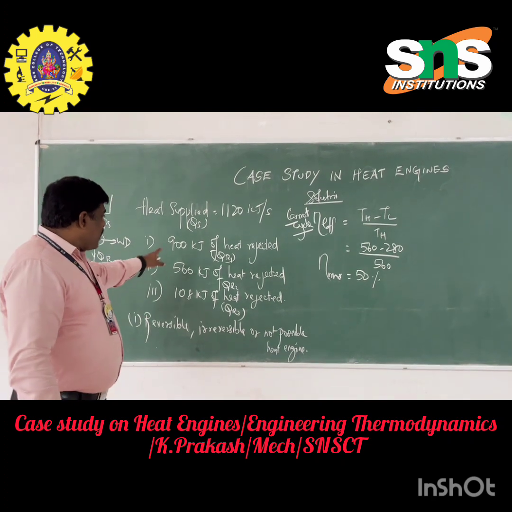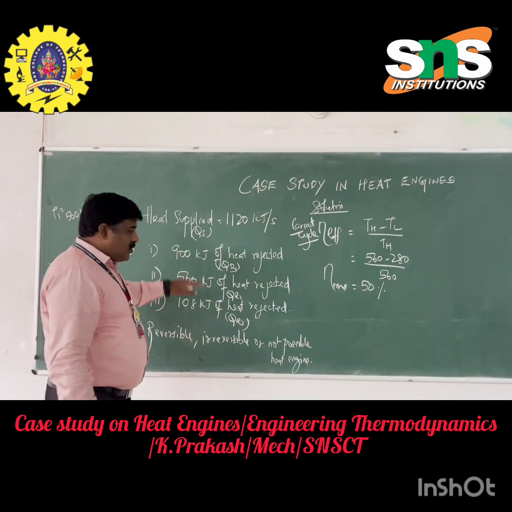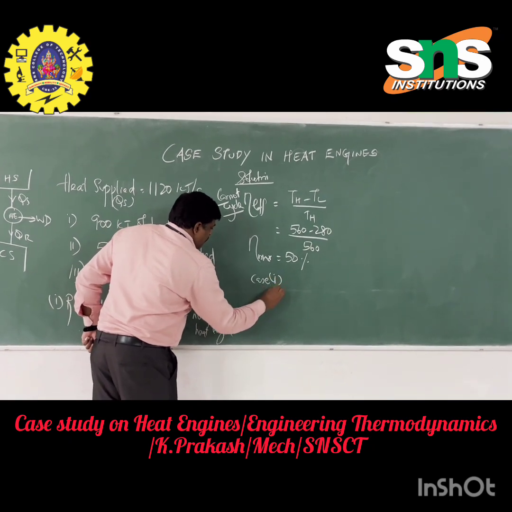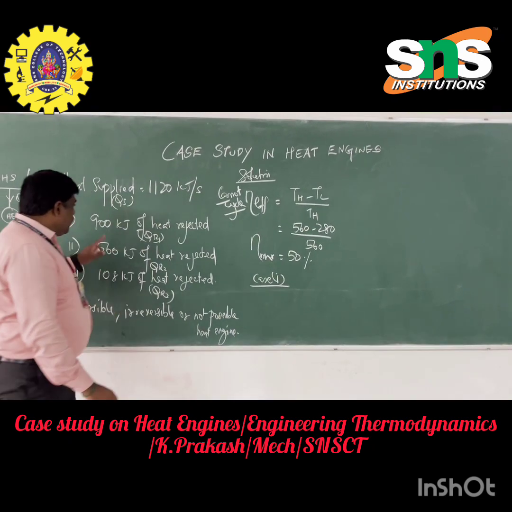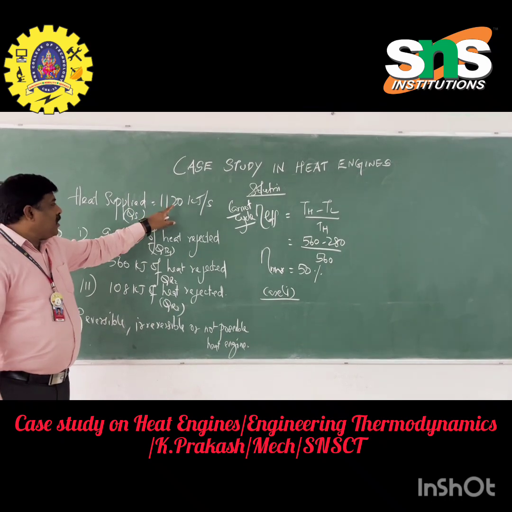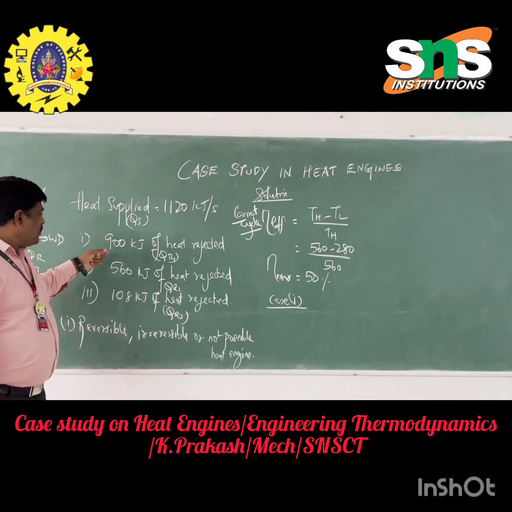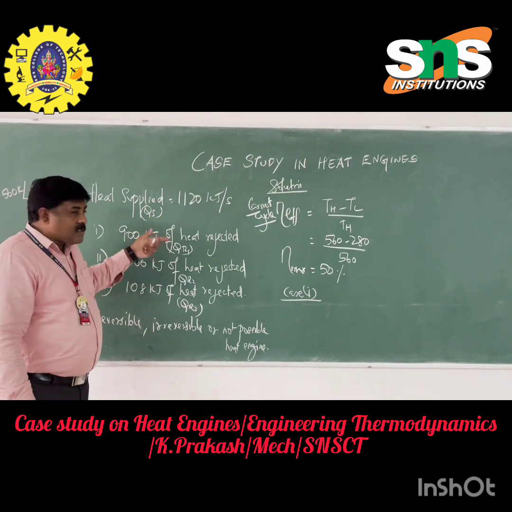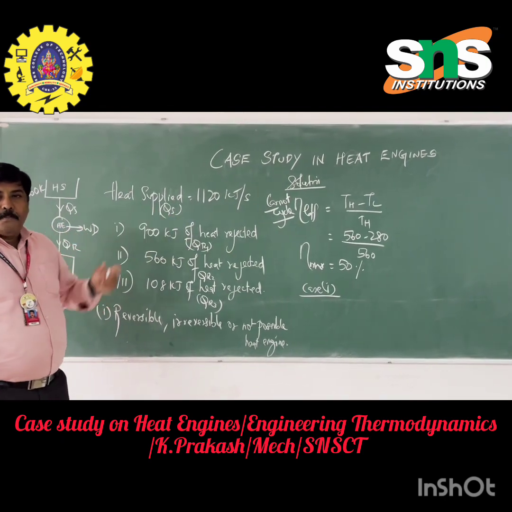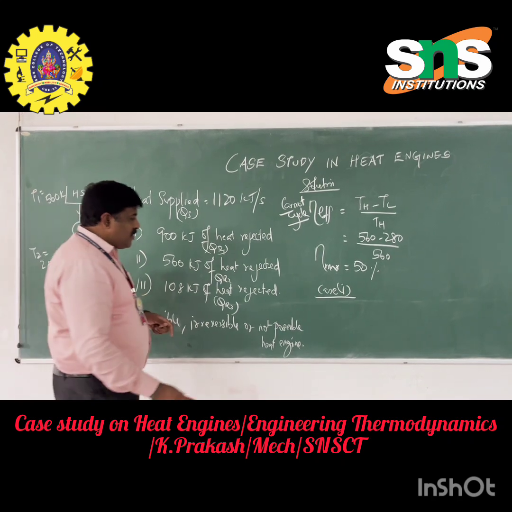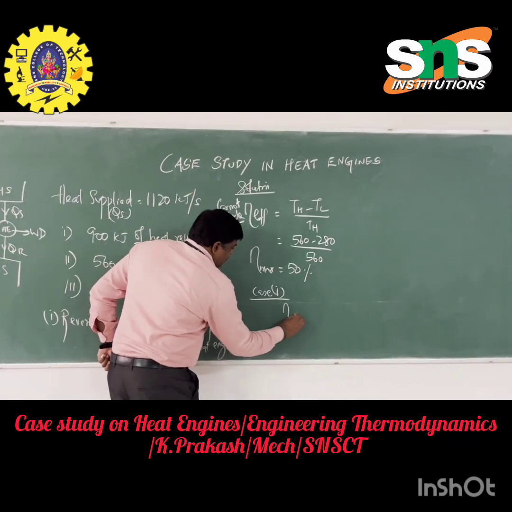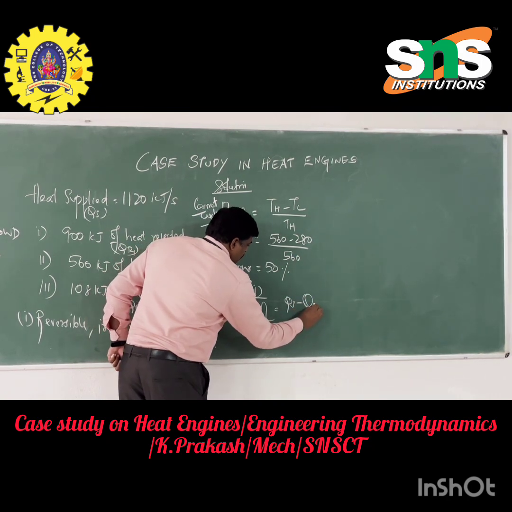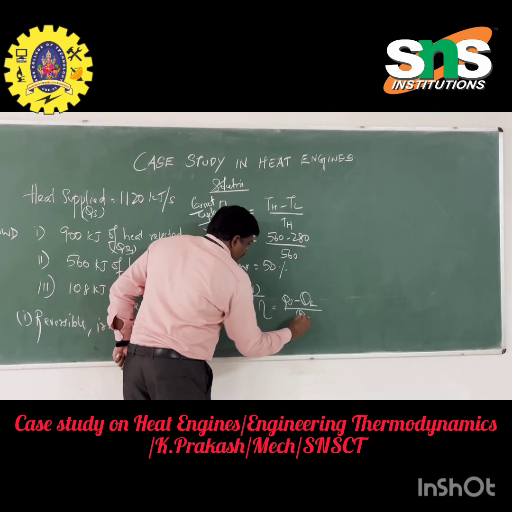This is the maximum efficiency which we can get. Now we are coming to condition 1. What is our case 1? In case 1, the heat supplied is 1120, whereas the heat rejected is 900 kilojoules. For this condition, we are finding the possible efficiency. The efficiency is (QS minus QR) divided by QS.